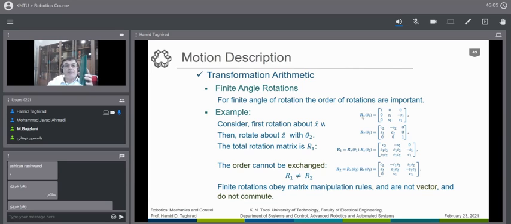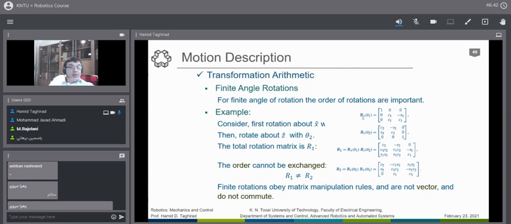Now, if we change the order, and first rotate around the z axis 90 degrees, and then around the x axis 90 degrees, it is completely different from the previous rotation. This means that the order of rotation is very important, and there are many problems in the literature mixing this up, not in the new papers, but in the old ones.